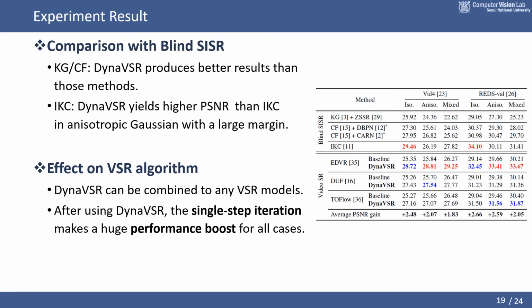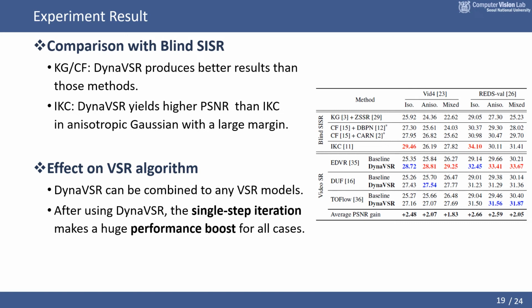To be specific, we compare the results with blind SISR methods, since there are no standard blind video SR algorithms so far. KernelGAN, KG in short, and correction filter, CF, are deep learning-based blind kernel estimation networks, and VSSR, DBPN, CARN are super resolution methods.